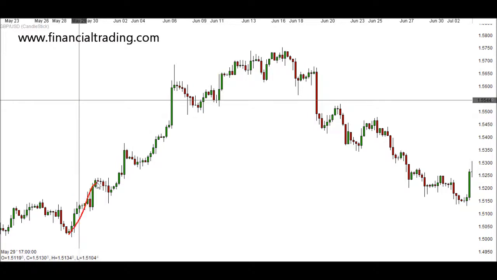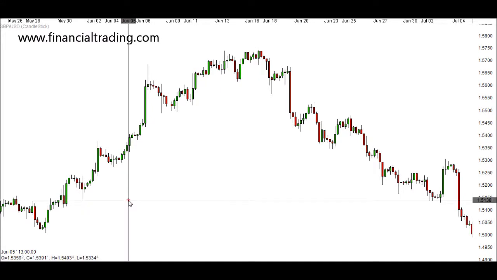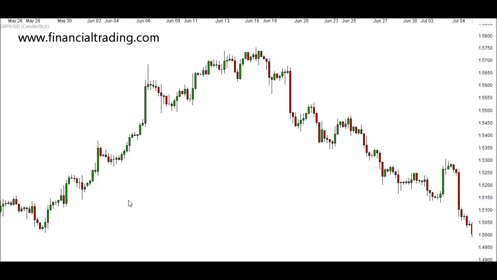So let's look and see what happens to this uptrend. Price comes up, a series of pushes and pullbacks, and then the uptrend comes to an end and goes through another downtrend. Here are our higher highs and higher lows. If we look at the price action in mid-June, around this area, we have a push, a pullback, we've made a higher high and a higher low, which is the characteristic of an uptrend.